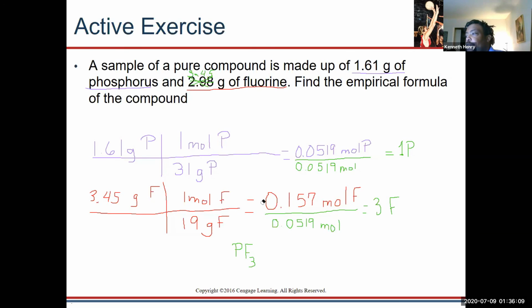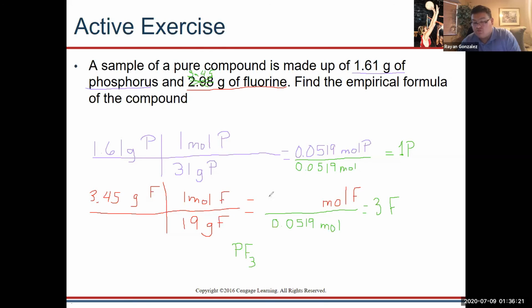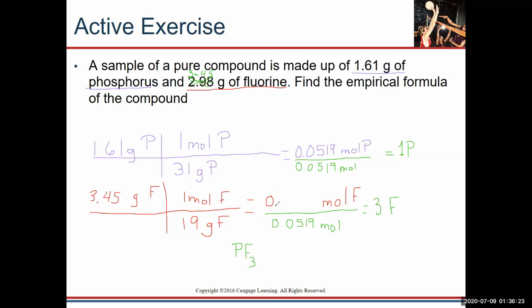So what number do we get over here? 1.181 or 1.182. Okay, 1.182.